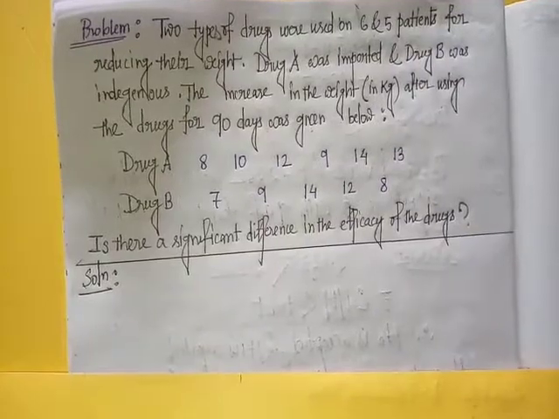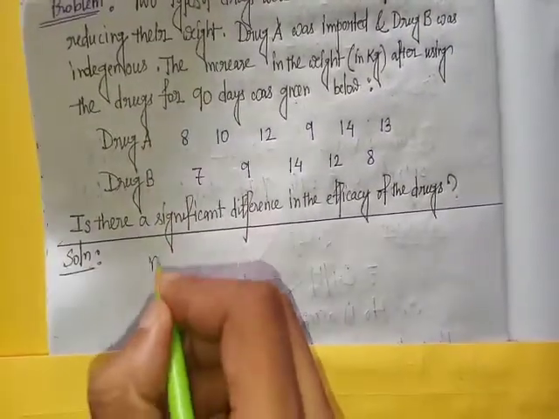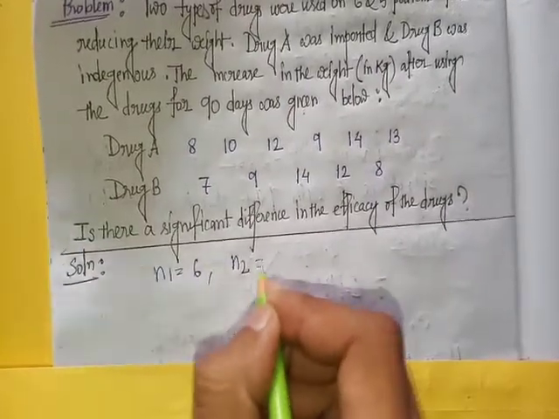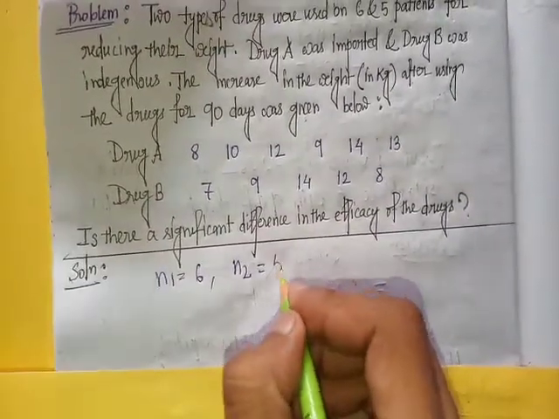Solution: given that n1 is the size of the first sample, so n1 is 6, and n2 is the size of the second sample, that is 5.